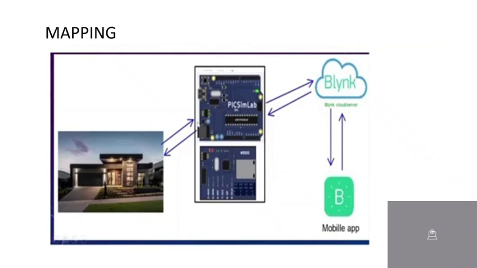This information will be sent to the cloud, and then to the Ethernet, which is connected to the Proteus Lab. Here we are using Arduino Uno. Then this information will be sent to our board, and by this information we can control systems in our home.